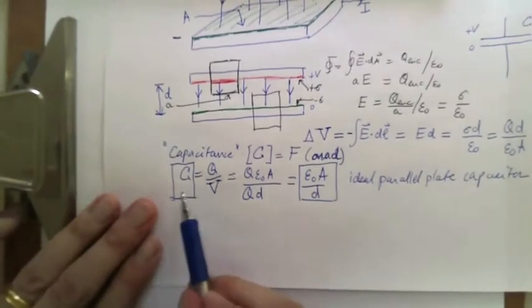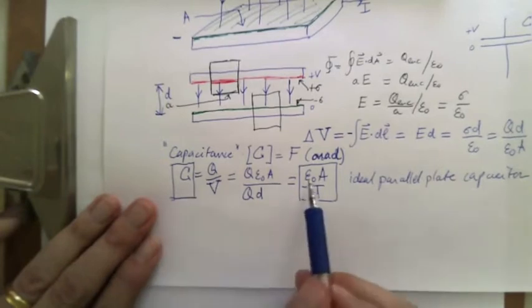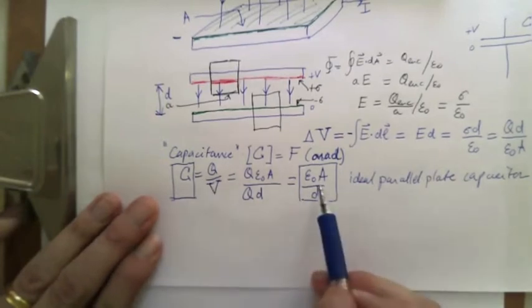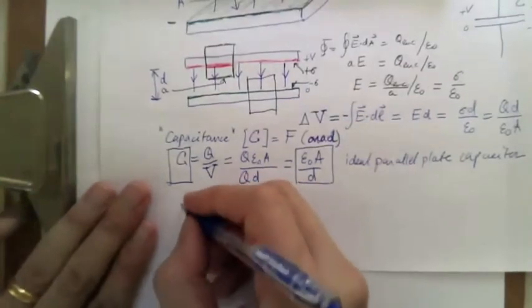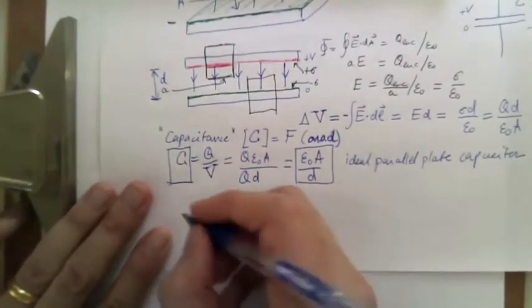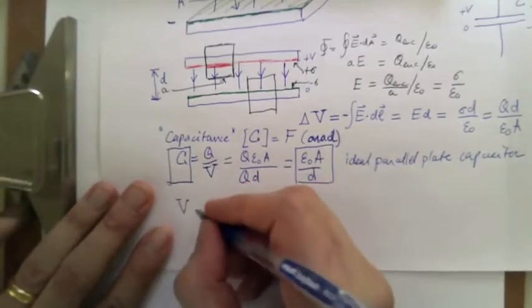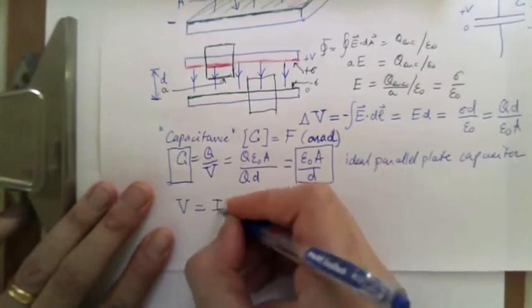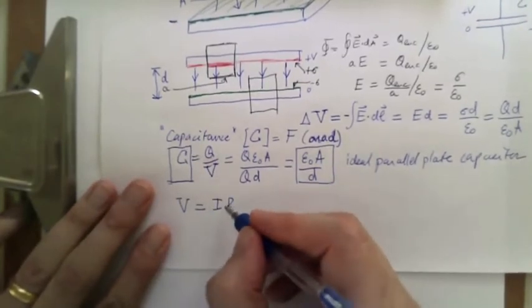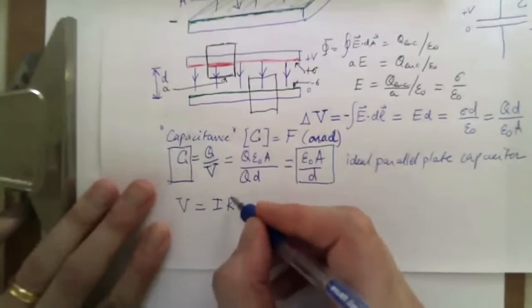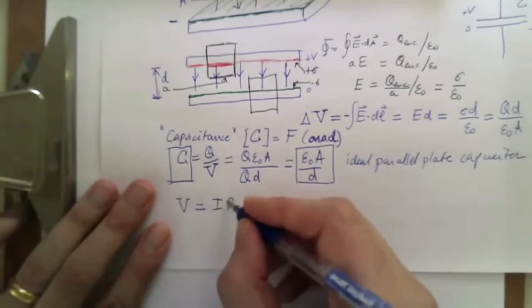So it plays the same role as the resistance in Ohm's law. So think about the following: you can apply a voltage to a resistor, and then you get a current as a result that is proportional to something that's called R. And that R, that's the resistance, is a function of geometry and material constants.